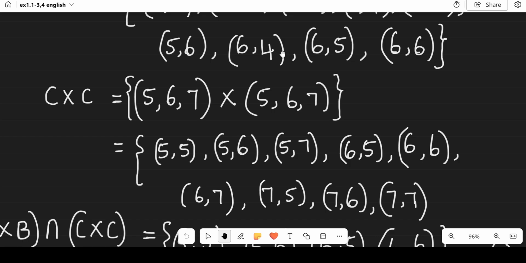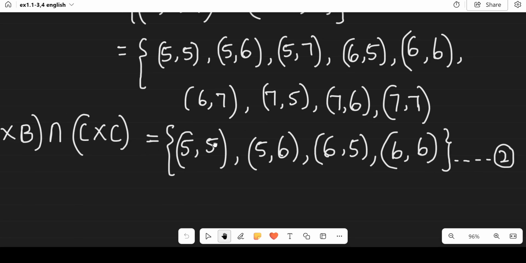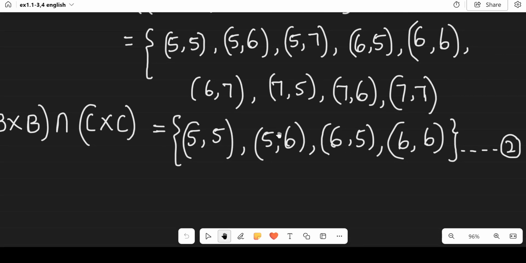B cross B also has (6,6) and C cross C also has (6,6). So in total we have 4 elements: (5,5), (5,6), (6,5) and (6,6). We can take this answer as equation number 2.